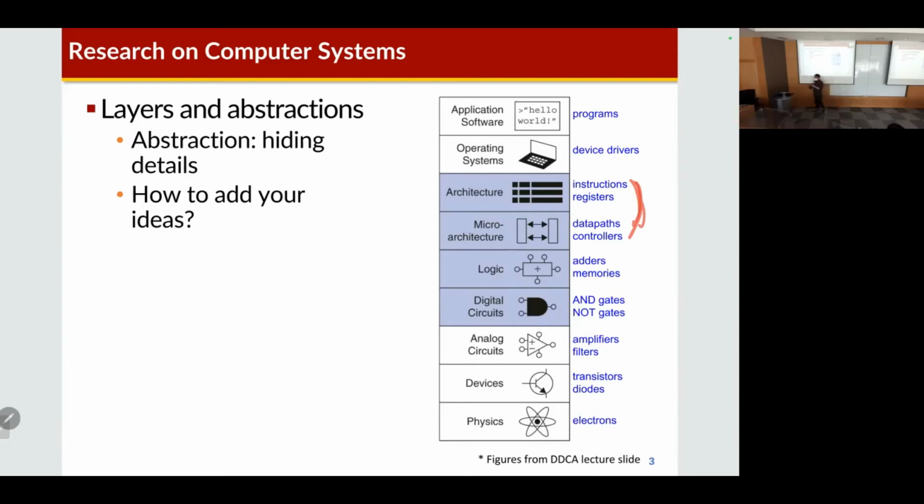Then how can we evaluate our ideas? Ideas in the architectural field require changing the real architecture in a processor, like a single cycle or pipeline processor, or branch prediction, or also out-of-order processing or speculation. How can we evaluate our idea?